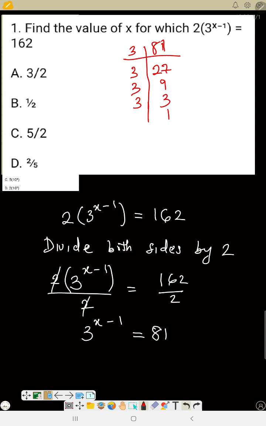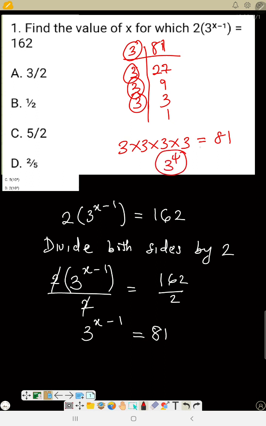Then 3 again, 3 in 3, 1. So how many 3s is this? 1, 2, 3, 4. That means 3 times 3 times 3 times 3 is equal to 81. So that is 3 raised to power 4, so 3 in 4 places.